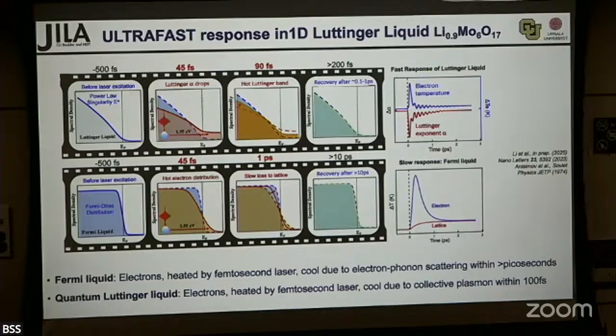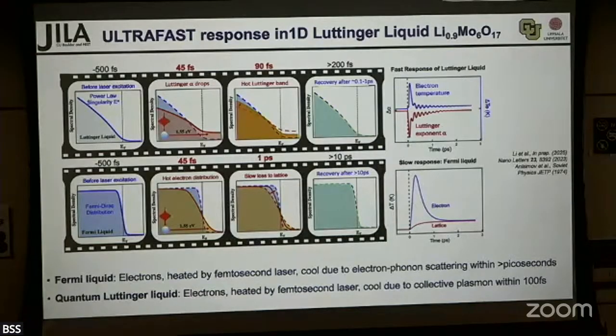And the electrons are not talking to anything else. They're only talking to themselves. Because you could never get it to cool in far less than a picosecond otherwise. So it's the excitation of the collective plasmon in the Luttinger electron bath that allows it to cool. Okay.